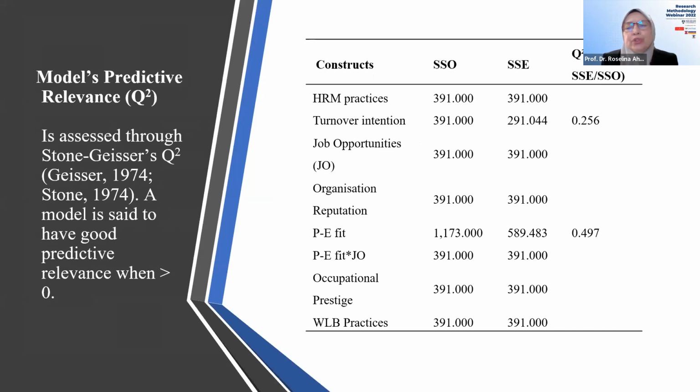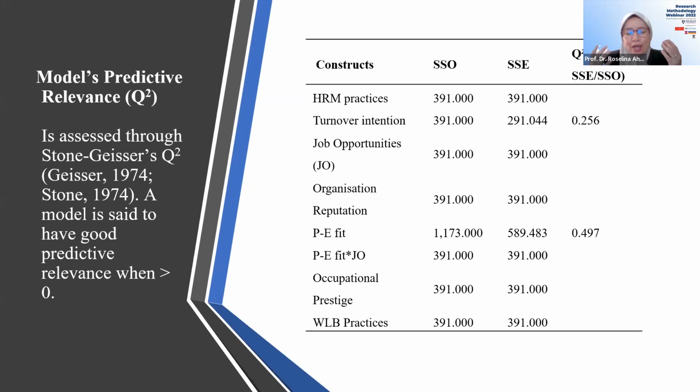Right, in terms of Q2, how are you going to present it? Normally we use the Stone-Geisser Q squared, and a model is said to have good predictive relevance when it is greater than 0. So you just need to look at the last part, 0.25. What does it mean here? When it is greater than 0, the model is able to predict.